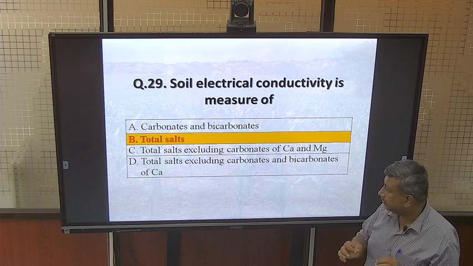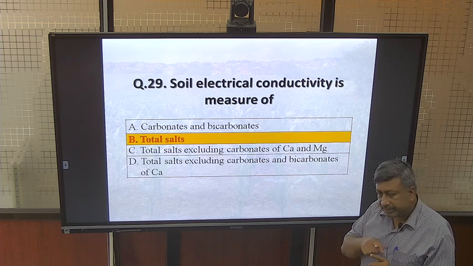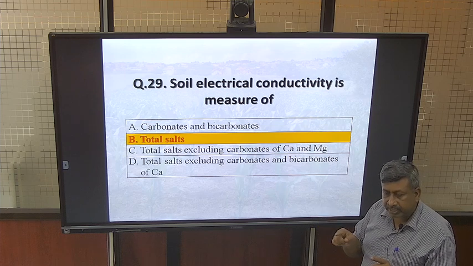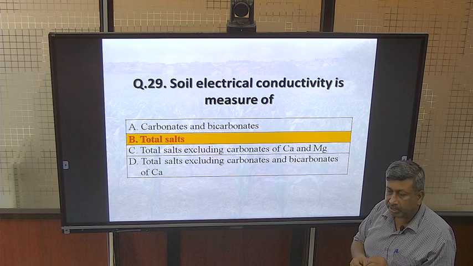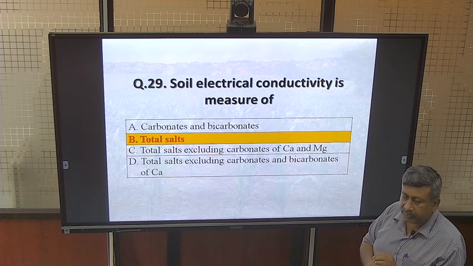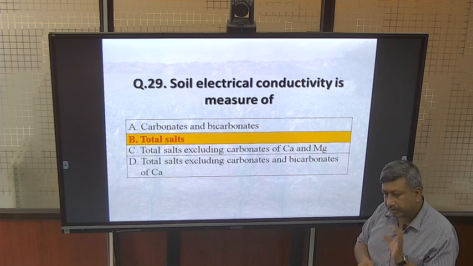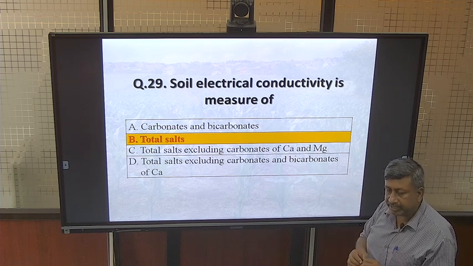So, if salts are present, definitely salts are formed of ions, and these ions carry current. That is why electrical conductivity, EC, is a measure of total salt. If EC of soil is very high, it means salt content is very high. If EC is low, then salt content is low. So, EC and total salt are directly related.